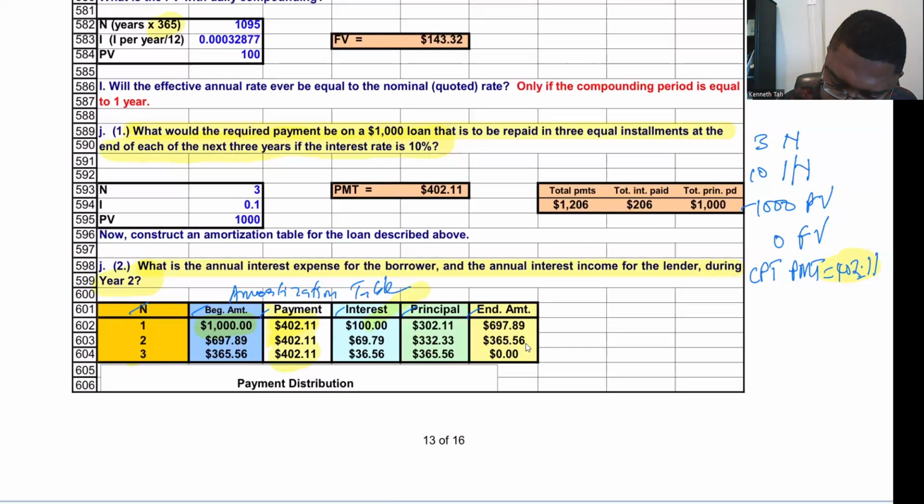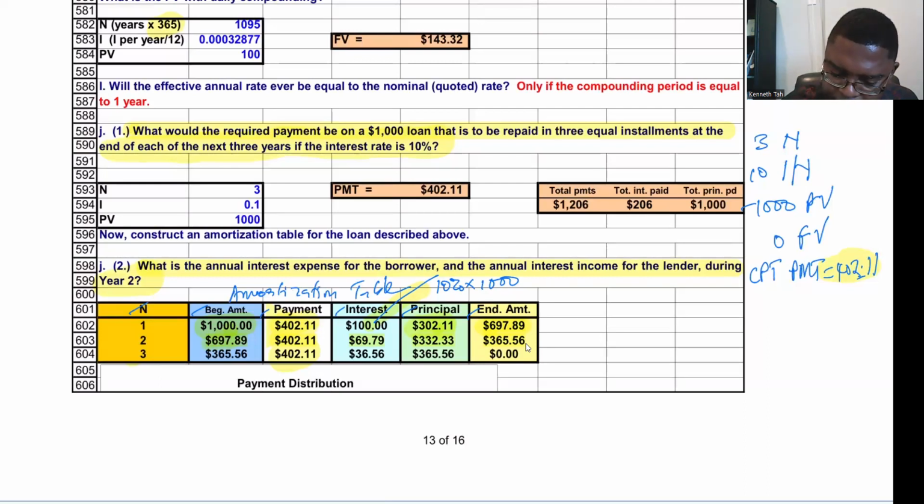So 10% of 1,000, which is 100. And we are paying 402.11. So 402.11 minus 100, the remainder is 302.11. So this one goes to the principal. And then if we take the initial amount, 1,000 minus this principal payment, which is 302.11, we end up with 697.98. That is the balance at the end of year 1.